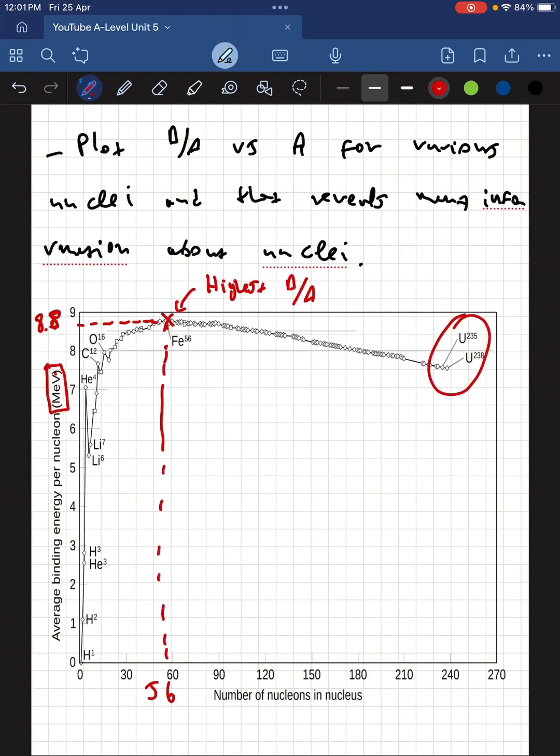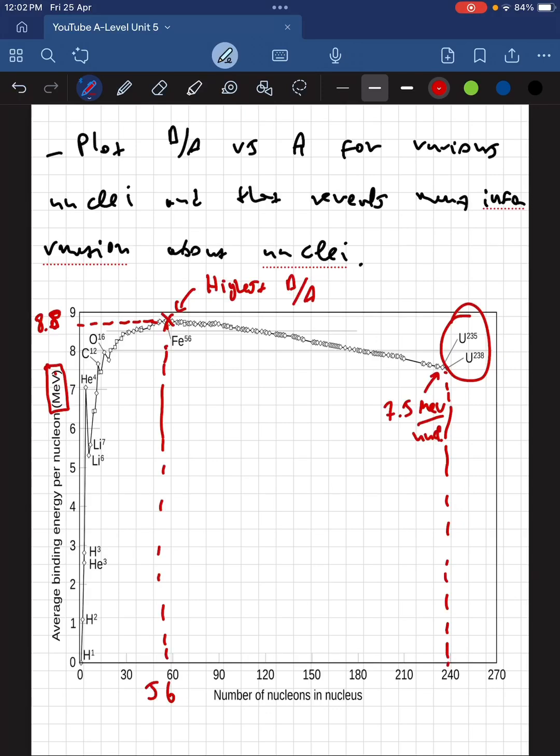Now if we go far to the right, in the region of very, very super heavy nuclei like uranium-235 and uranium-238, the binding energy per nucleon is about 7.5 MeV per nucleon. So for these nuclei, it makes sense that they split into nuclei with lighter mass.